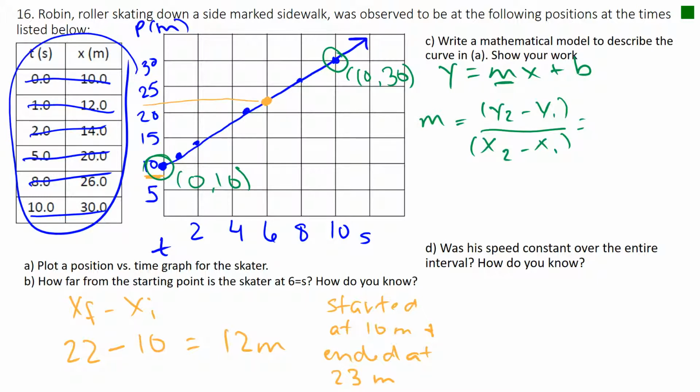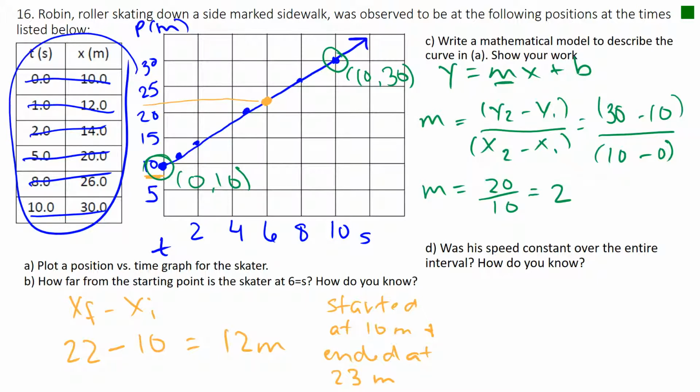So we're going to get 30 minus 10 divided by 10 minus 0. So my m is going to equal 20 over 10, which is 2.